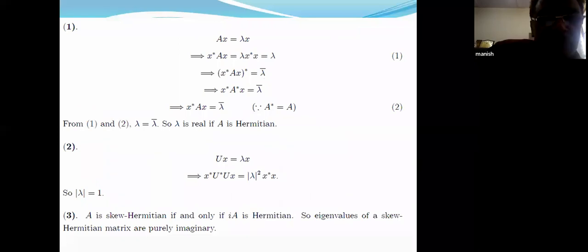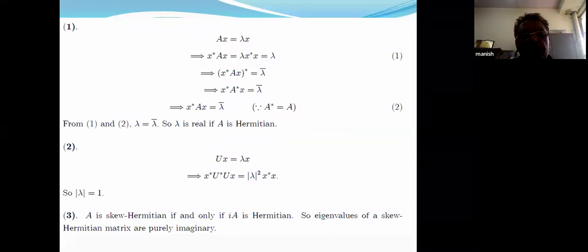Now, Hermitian matrices are those for which A star is the same as A. So if we have the equation Ax is equal to lambda x, then multiplying with x star, because Ax is also a vector belonging to Cn, we have x star Ax equal to lambda x star x, which is lambda. Why? Because we are taking x as a unit eigenvector.